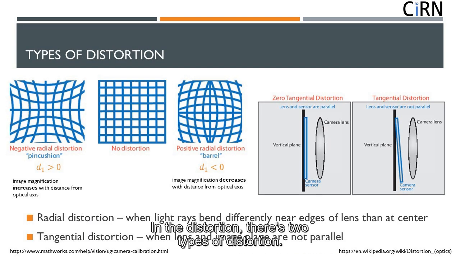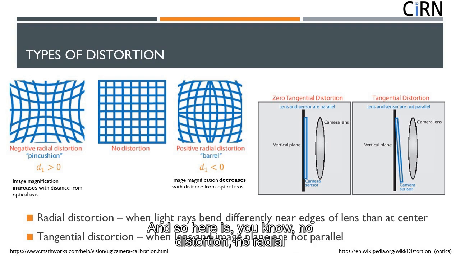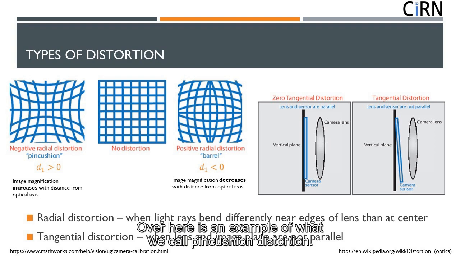In the distortion, there's two types of distortion. There's radial distortion and tangential distortion. And so the radial distortion is when the light rays bend differently near the edges of the sensor versus the center. And so here is no distortion, no radial distortion, perfectly square pixels. Over here is an example of what we call pincushion distortion. So it has a negative radial distortion.